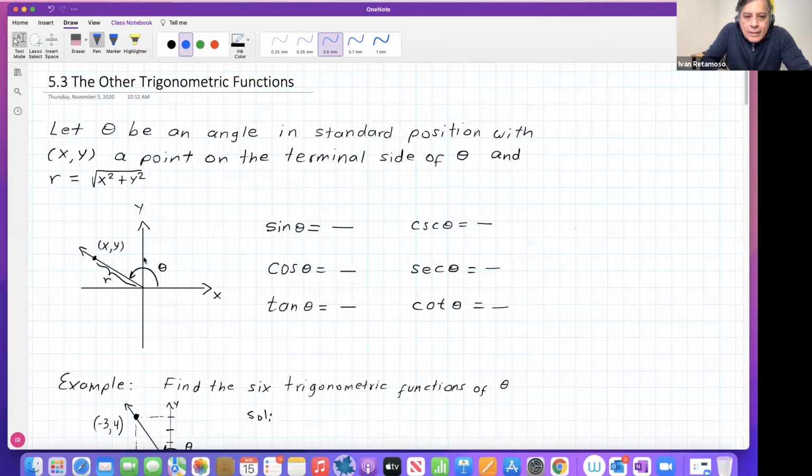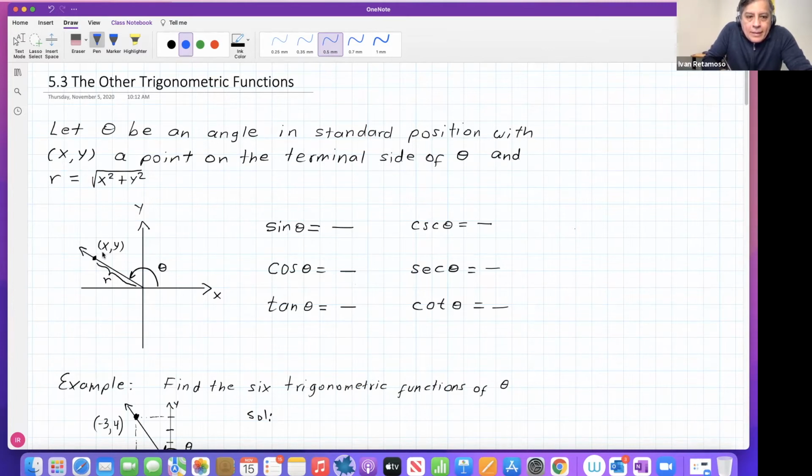Remember, when the angle is in standard position, it always starts at the x-axis and then ends somewhere. Suppose this is the terminal side. (x, y) represents the coordinates of an arbitrary point on the terminal side.